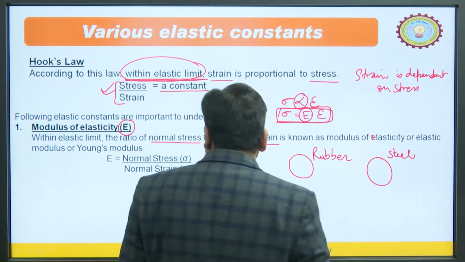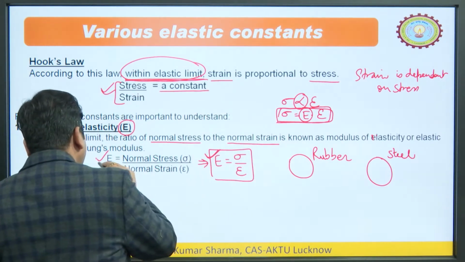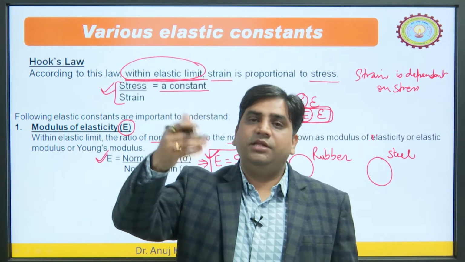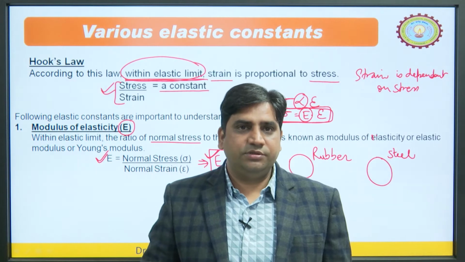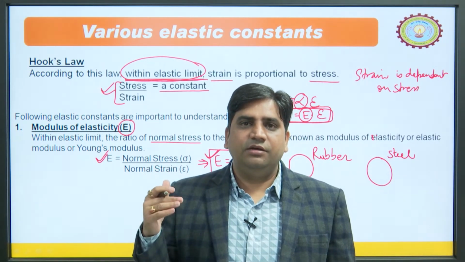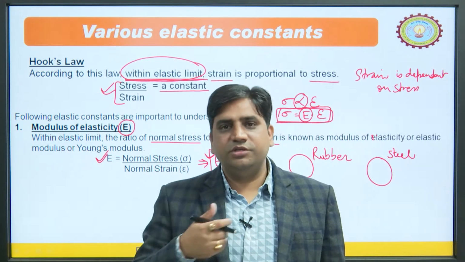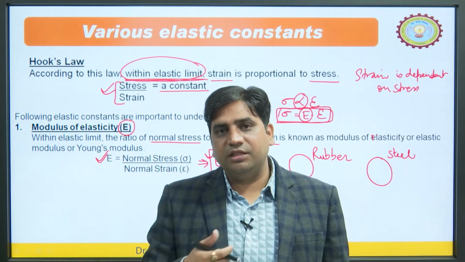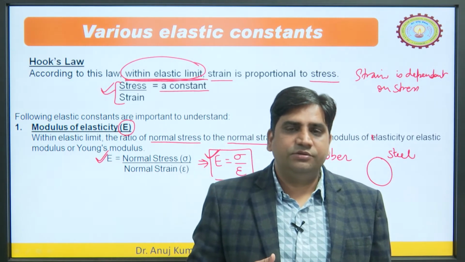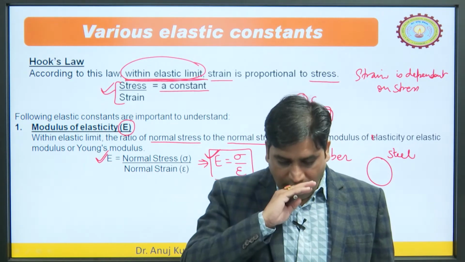The significance of E is that if we need a material of higher elasticity in our design, we can select the material accordingly. A high value of E means it can regain the original shape at a faster rate, right. So, this is the modulus of elasticity.